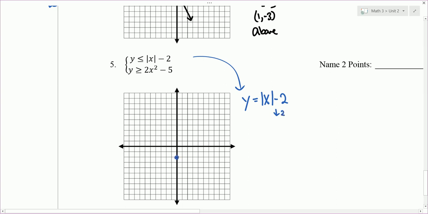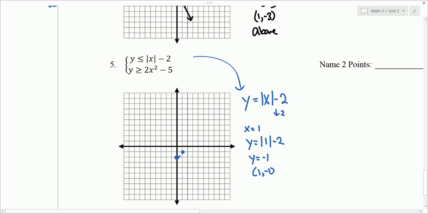So the vertex is at (0, negative 2). Pick another point to help us get that V shape. Say x is 1, we get y is the absolute value of 1 minus 2, which comes out to be negative 1. So (1, negative 1) gives us the right side of that V shape.